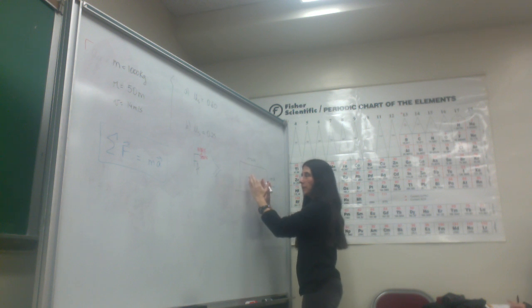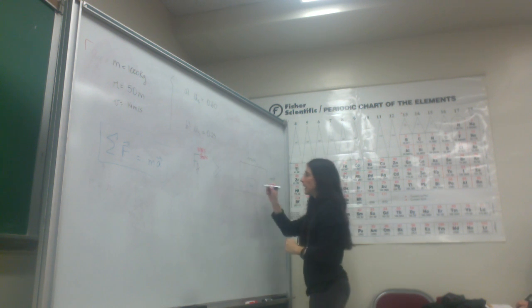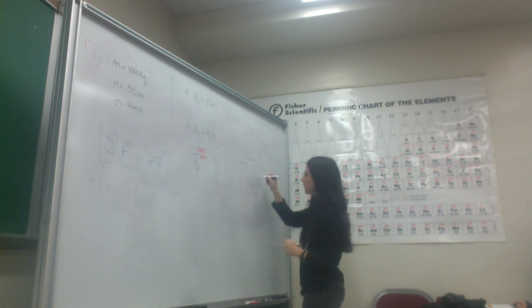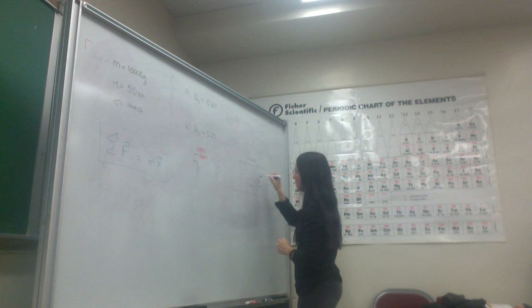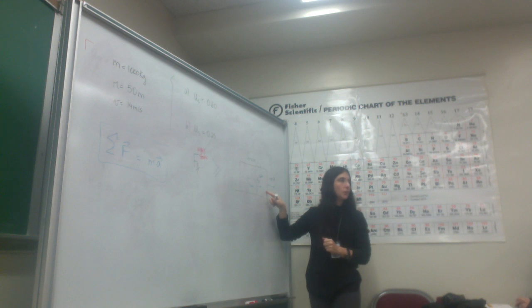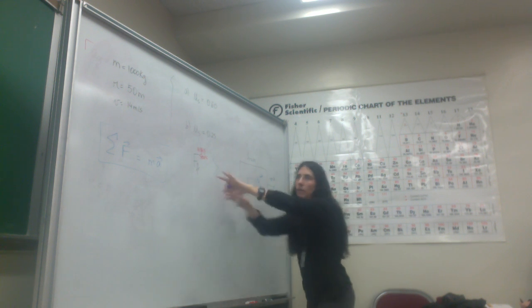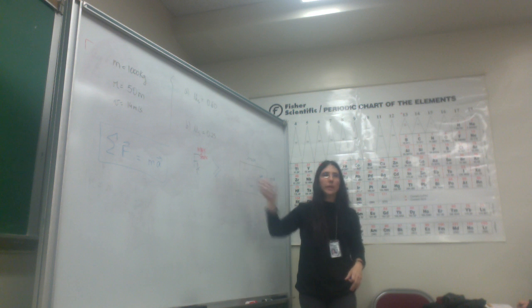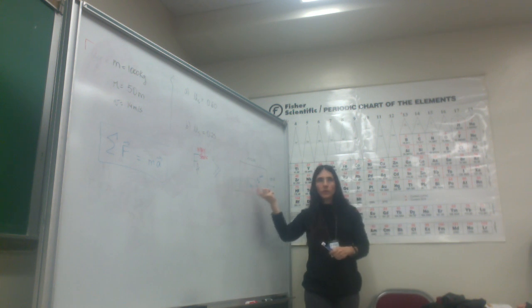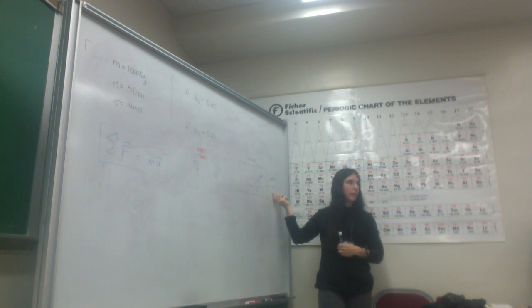What guarantees that this box goes together with the train? If the static friction of this box with respect to the train is equal to ma. If this friction is too small, what will happen? The box will end up hitting the back of the train. So the friction has to be equal to this ma.